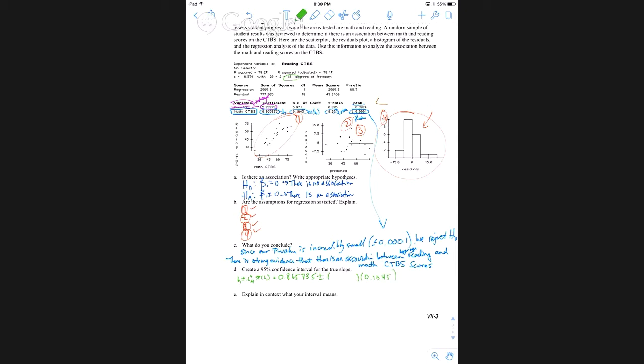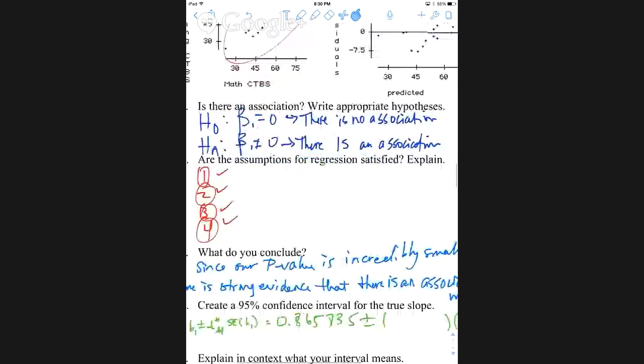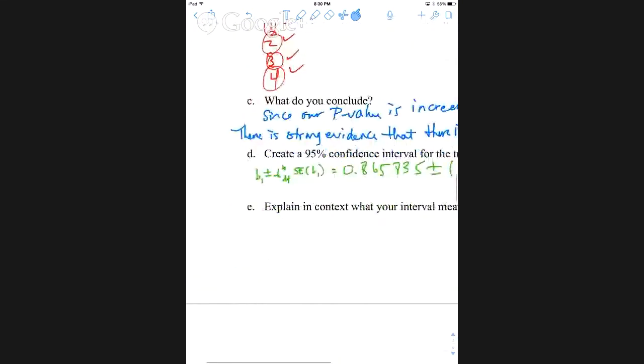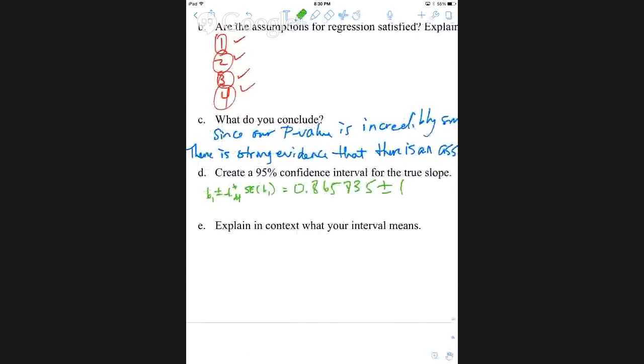So I need to find my T star here with 18 degrees of freedom for 95% confidence. Now, in order to do that, I'm going to need to go to some sort of T table. Normally you can find a T table in the back of your textbook.